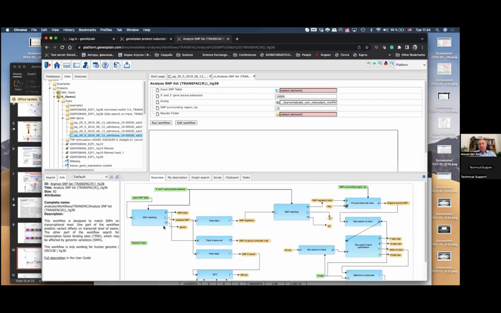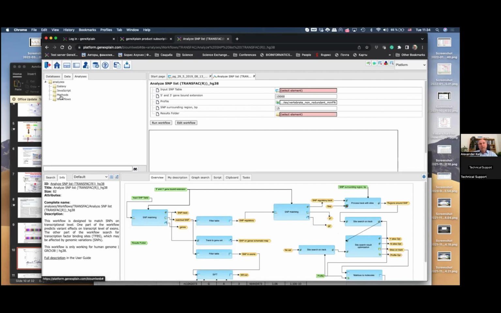And just if you are new here, each of these blue boxes is one program or one method, which are connected to each other by intermediate files. These pipelines can be built by yourself. When you click on edit workflow, you can change this pipeline, add new functions and new tools to it, or create a full one from scratch by just drag and drop of methods from this method analysis section.